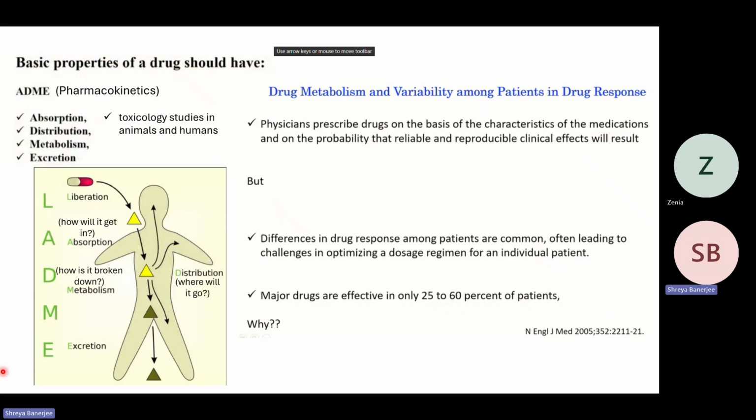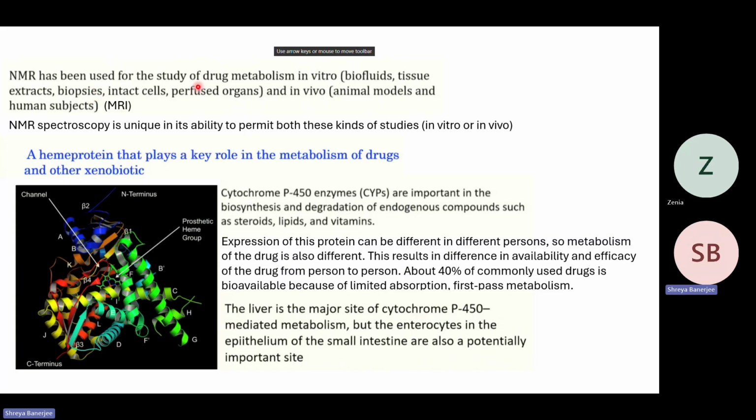So why is that? NMR has been used for the study of this drug metabolism in vitro, that is in biofluids, tissue extracts, biopsies, intact cells, perfused organs, and in vivo, that is within animal or human subjects while they are still alive, that is MRI. NMR spectroscopy is unique in that it permits both these kinds of studies, in vitro or in vivo.